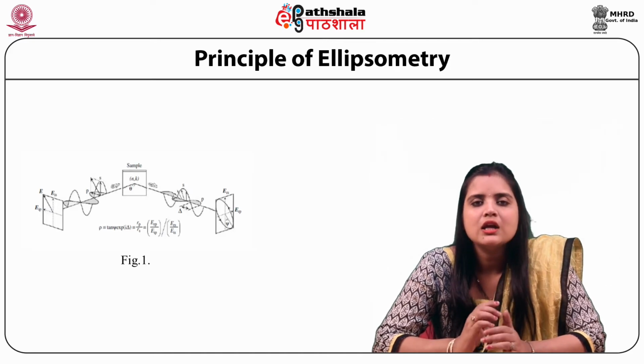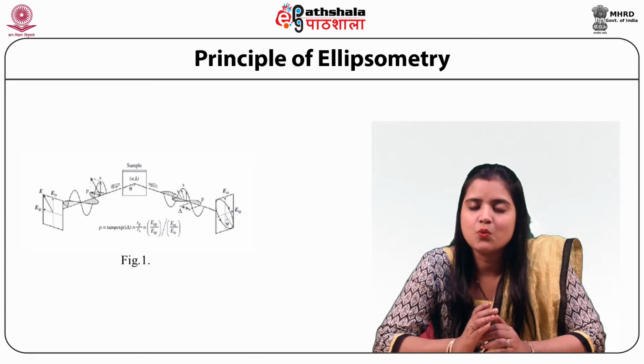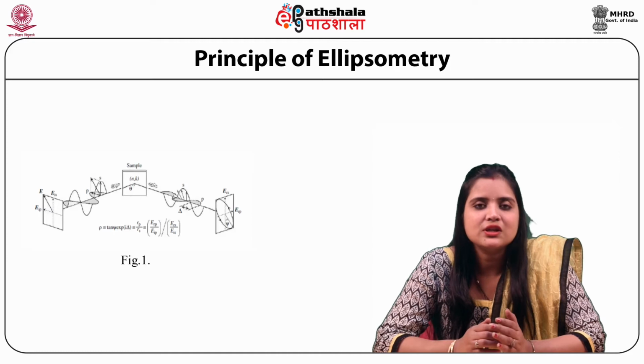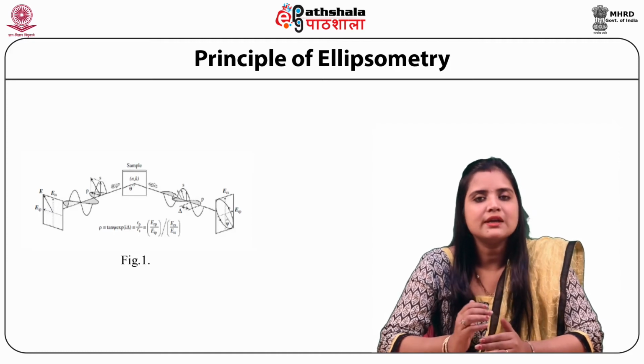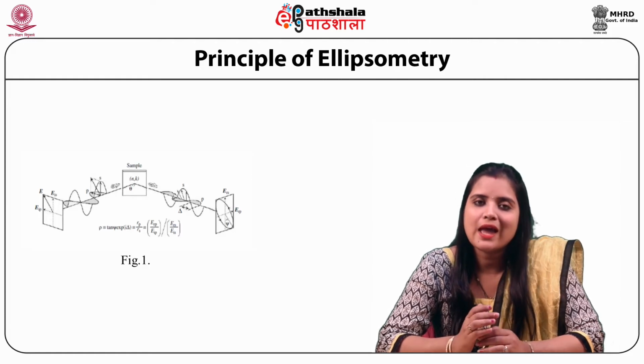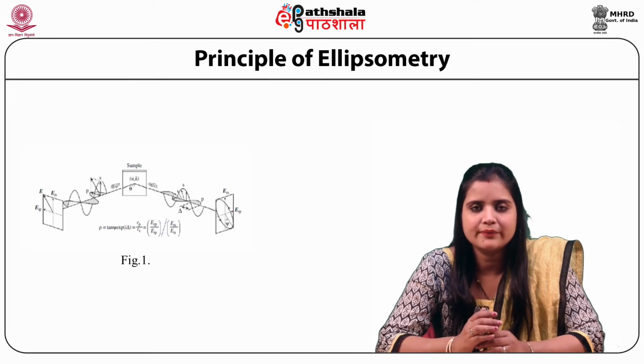Let EIS and EIP be the incident electric field vectors, and ERS and ERP the reflected electric field vectors in S-polarized and P-polarized planes respectively.